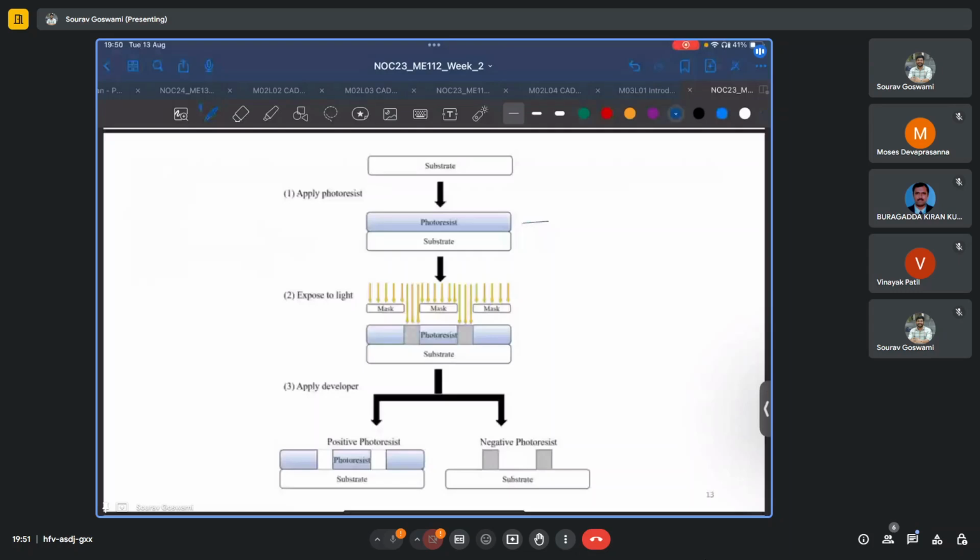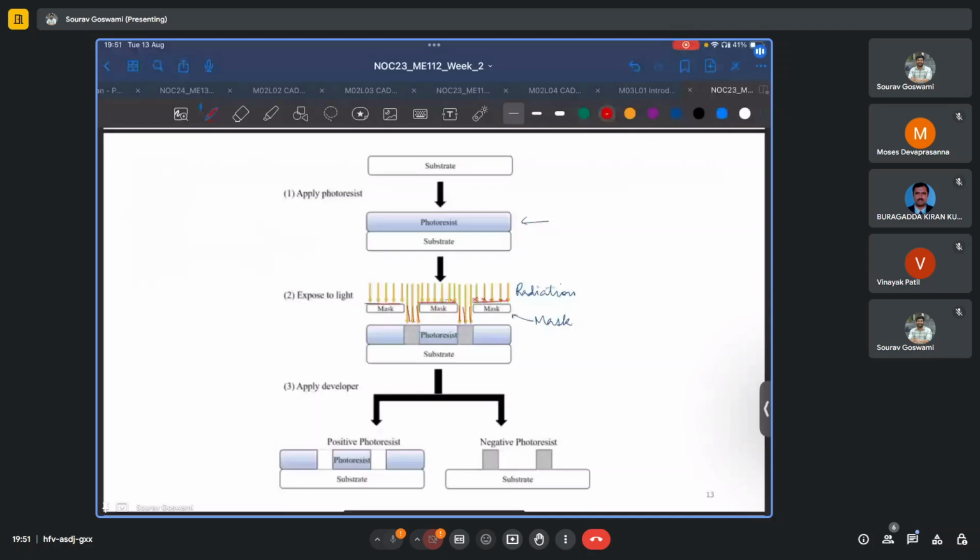In all other regions, the light is blocked. Thus, we see that only selective regions on the photoresist are exposed to the incident radiation. Here they are highlighted in gray. I'm also shading it in black.